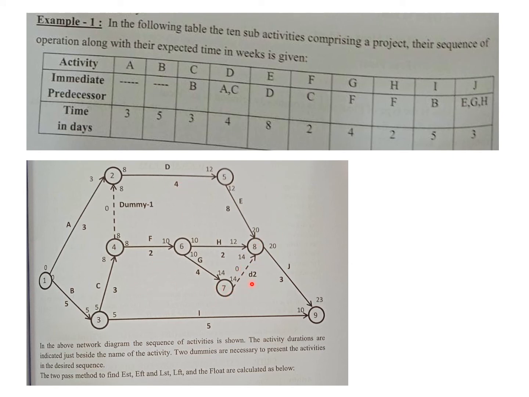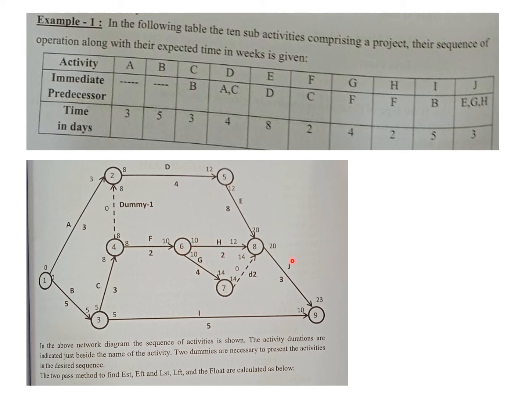The dummy activity 2 has to be created because activities G and H have the same starting point and the same finishing point, with the same preceding activity and the same succeeding activity.